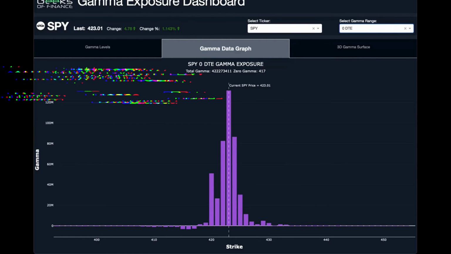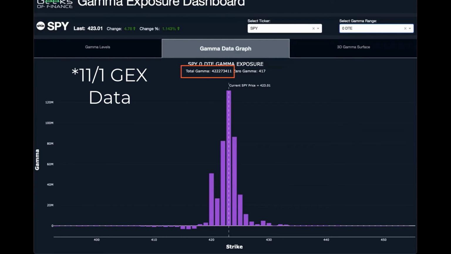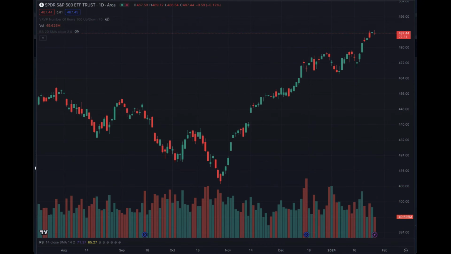If you look on November 1st, we actually noticed that total gamma had come all the way back to positive. So just 3 days later, our gamma exposure levels had gone from negative 3 billion to a positive level. You can see price was trading at 423 at this point. And from that point forward, gamma exposure was positive going all the way into the end of the year.